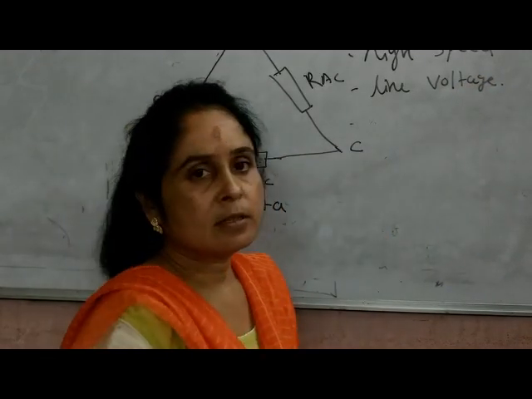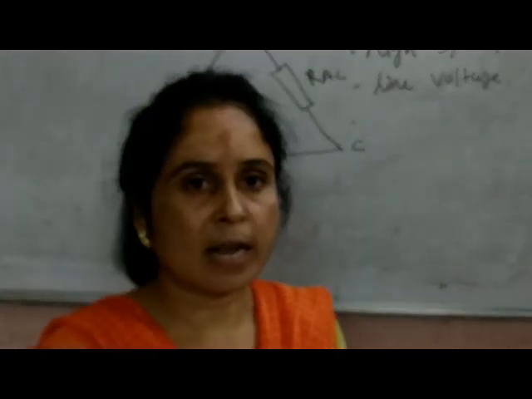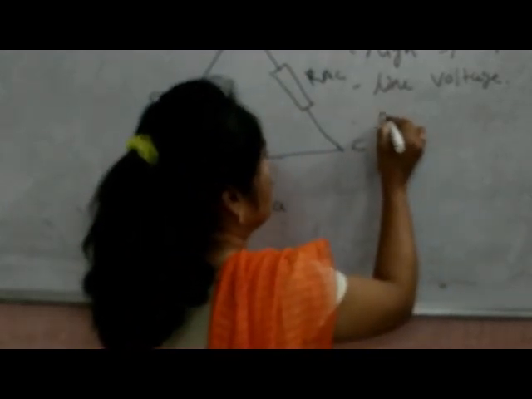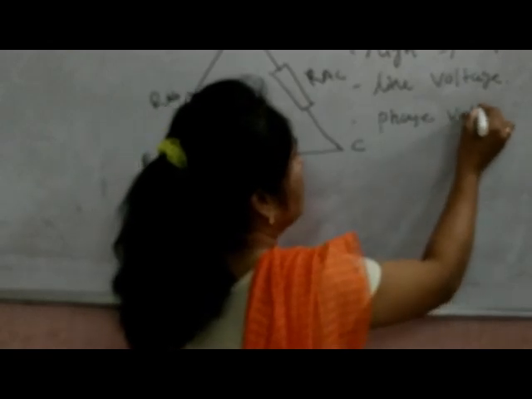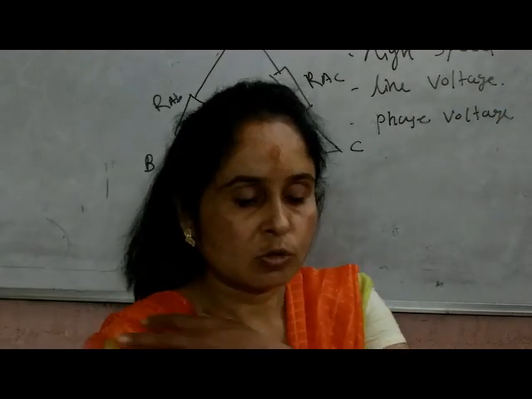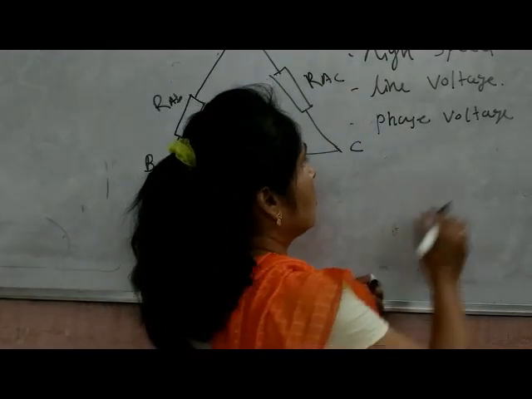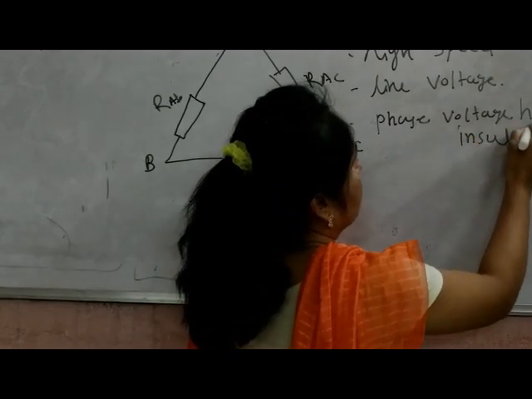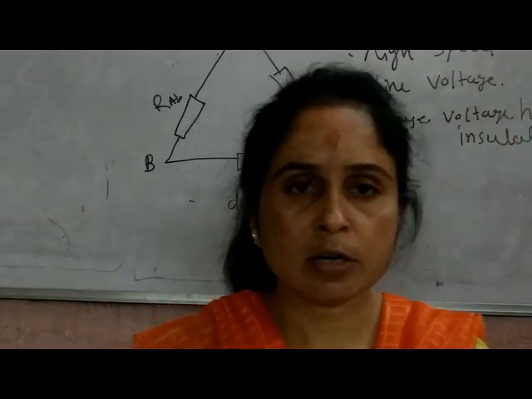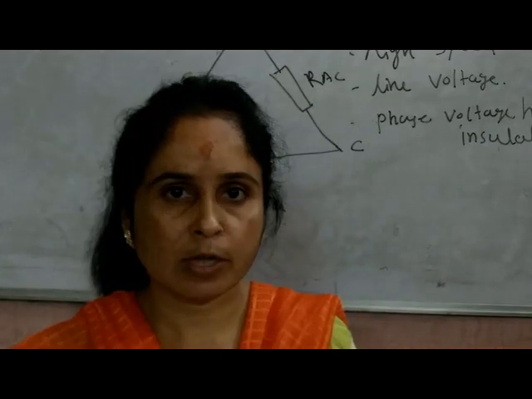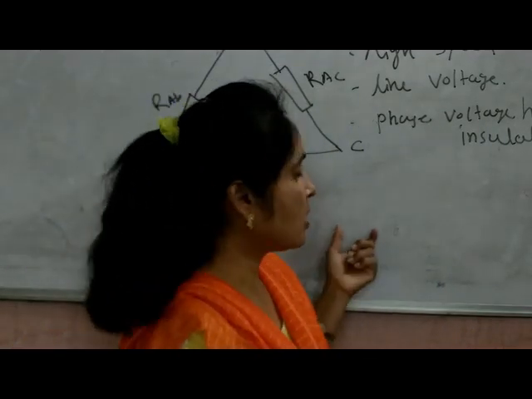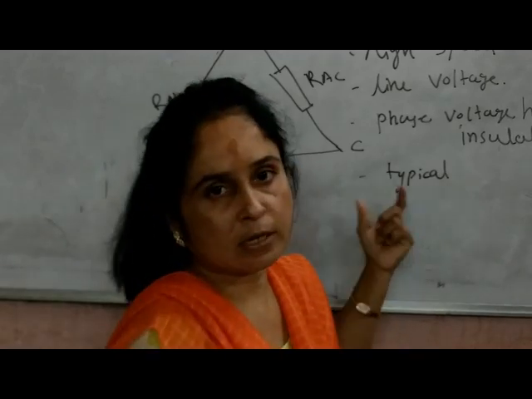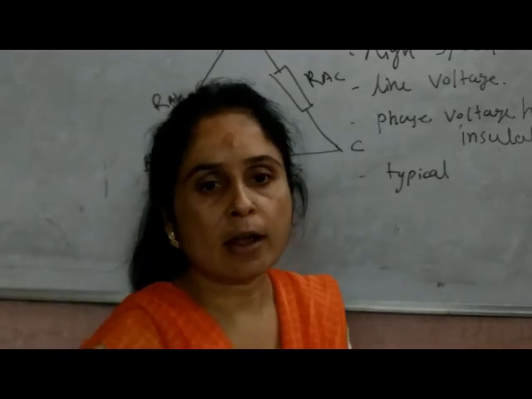The transmission line requires insulation for the phase voltage, so heavy insulation is needed. Power distribution is carried out through various types of transmission lines, typically in the delta connection.